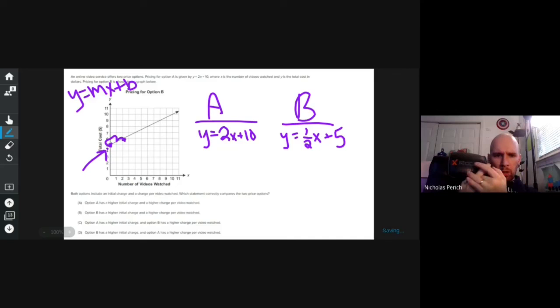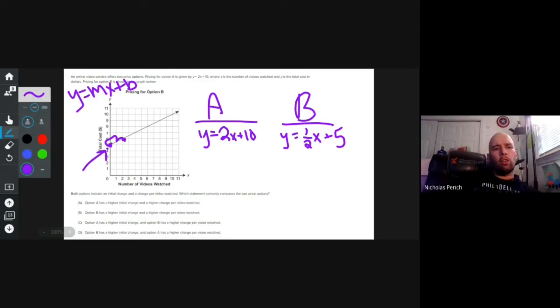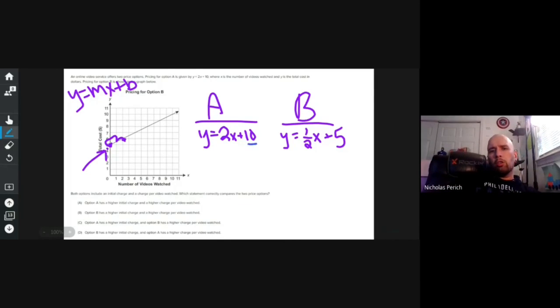Both options include an initial charge and a charge per video watched. Which statement is true? Option A has a higher initial charge. So the initial charge is the number that sits alone. So initial charge is that guy right there. Class is over in 8 minutes.